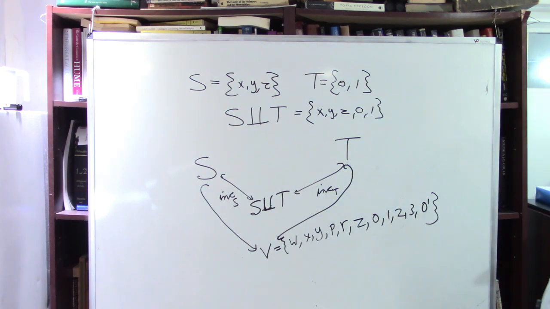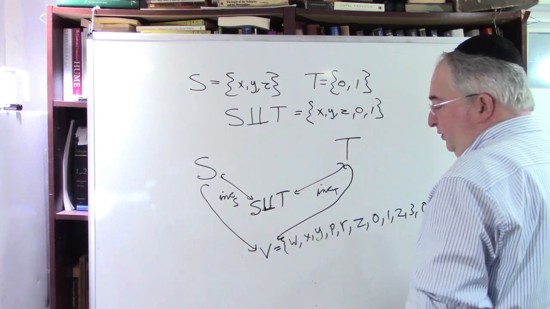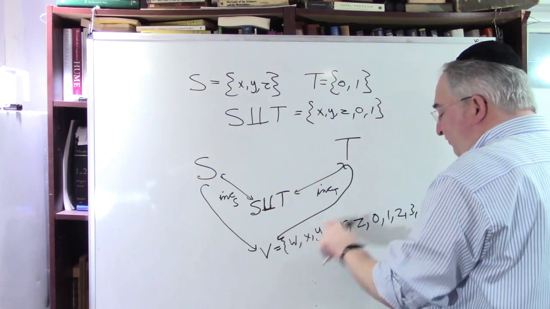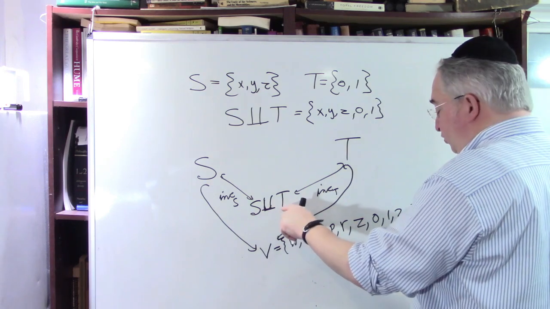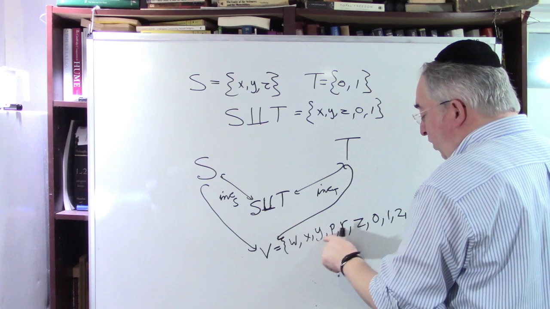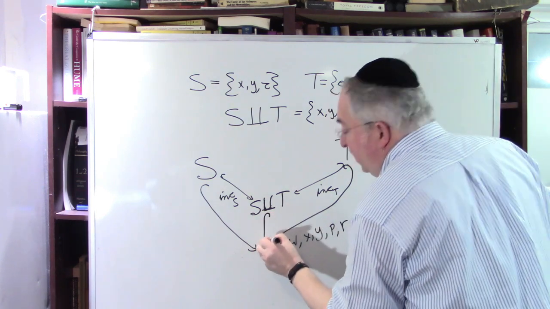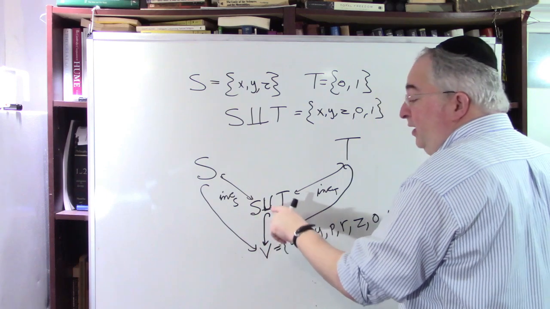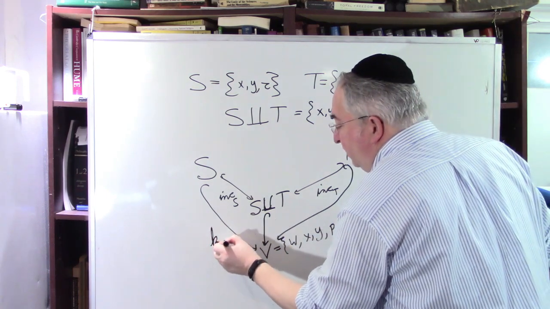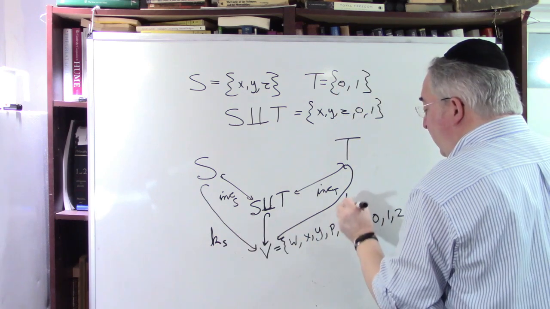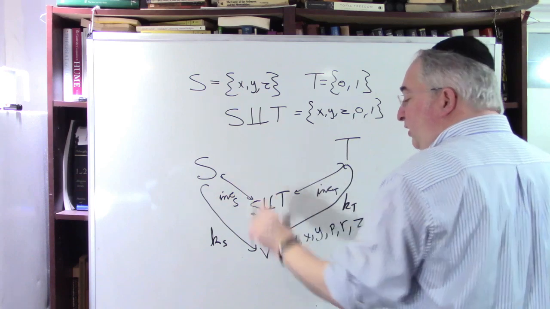What's the relationship between this and this? The answer is yes, this has a lot of things in it, but in particular, it has S disjoint T in it. It has X, Y, Z, 0, 1 in it, and so this includes into this. There's a unique map that includes it. I'm sorry, we should call this K sub S. We should call this K sub T, just like we did with products, but now the maps go the other way.